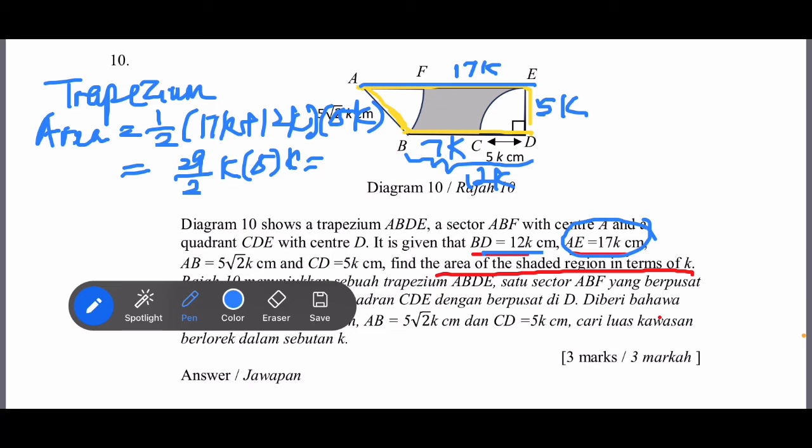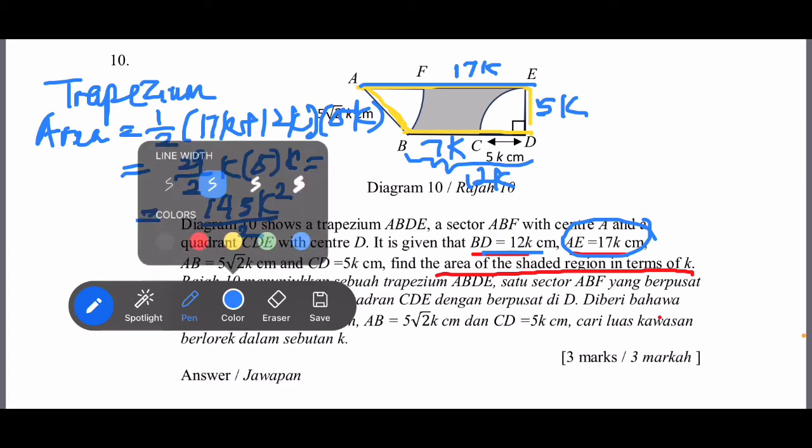Okay, so you get the answer how many k square, all right? So we can only simplify until how many k square. So it's actually 145 k square over 2. So we leave it first. So we are going to use the trapezium minus out the two sectors.